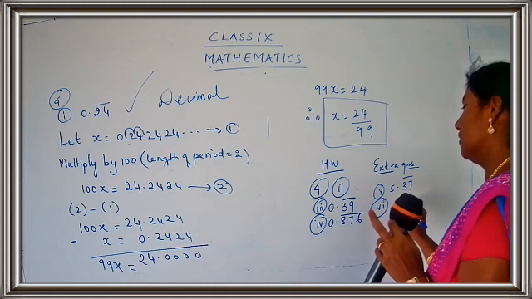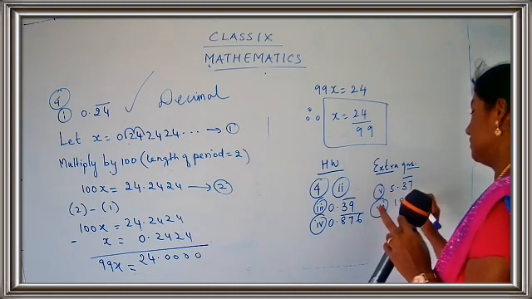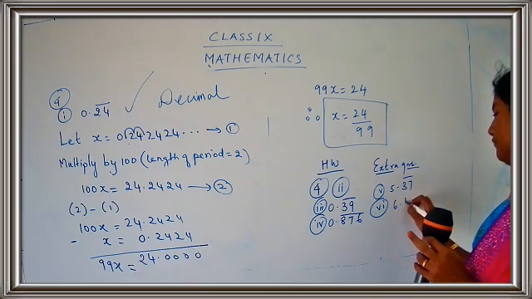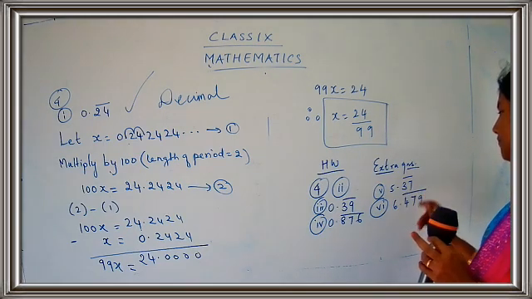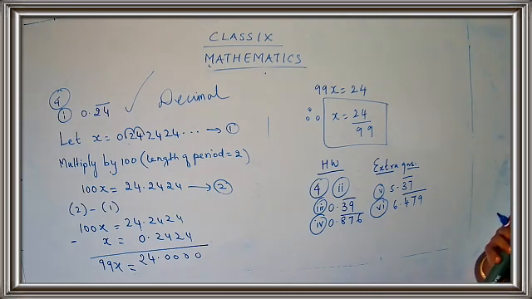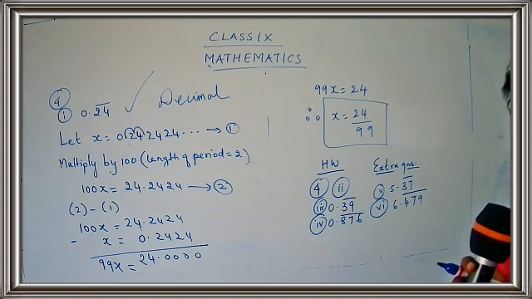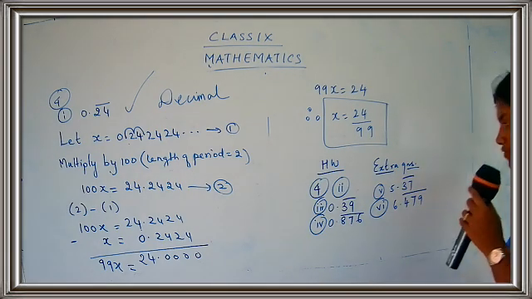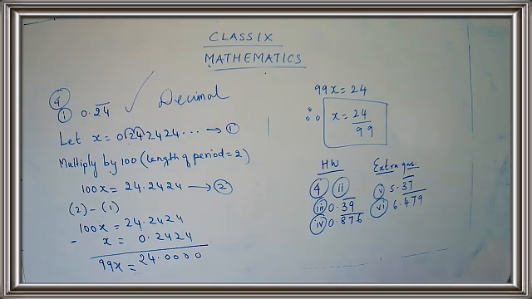Around sixth one, 6.479 bar. So 0.39 bar, then 0.876 bar, and then 5.37 bar. Let's try out the sums. Then 6.479 bar.